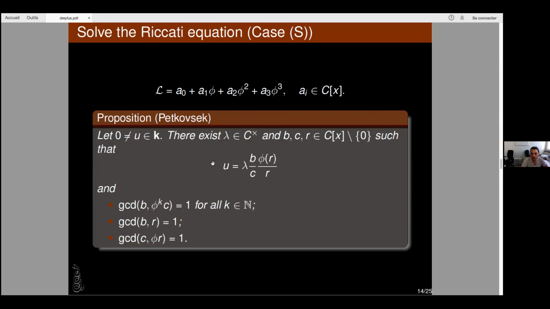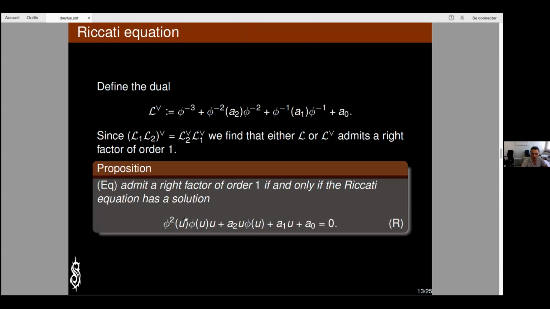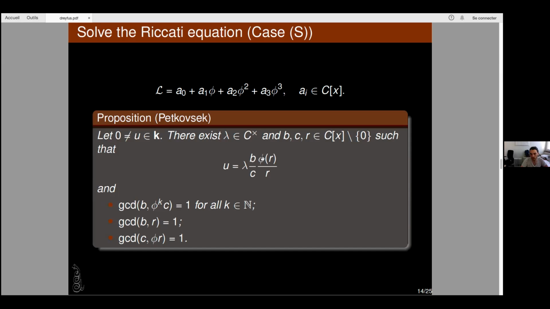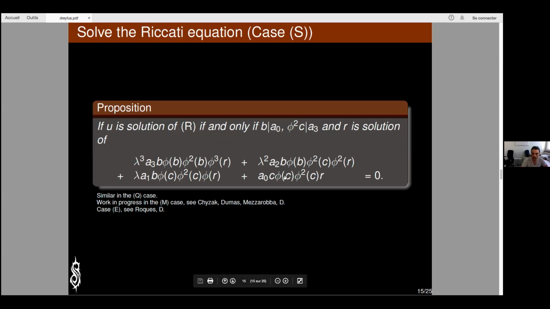And if you plug U in that form into the preceding equation, the quite good thing is that since you have phi of R over R, here you will have phi of R over R, and then here you will have phi square of R over R because phi of R will be cancelled, and then phi to the 3 of R over R, and then you may multiply by R to find a linear equation.